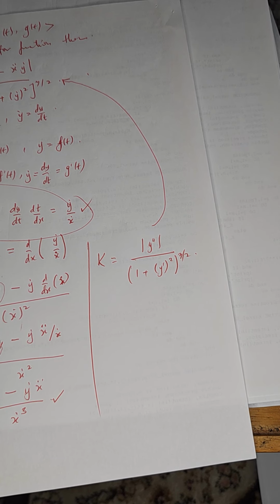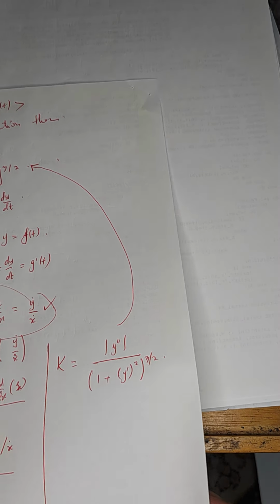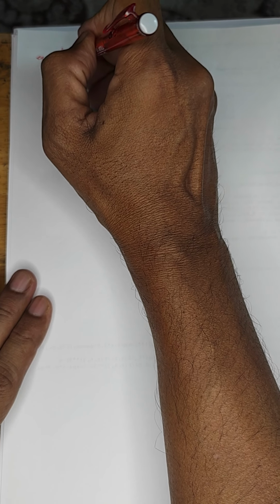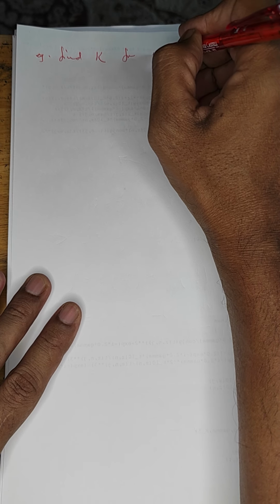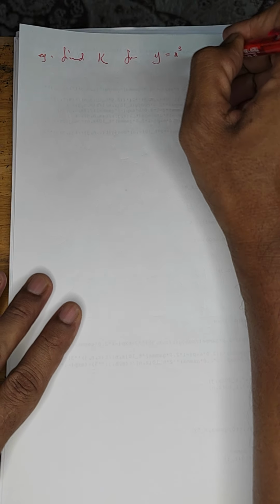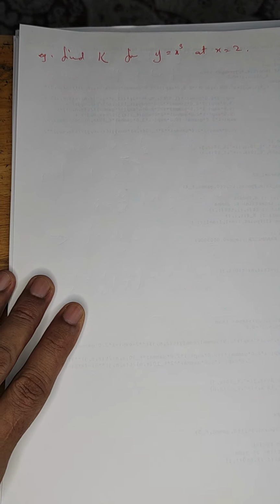Okay, let me end with a quite simple example. Find the curvature kappa for y equals x cubed at x equals 2.